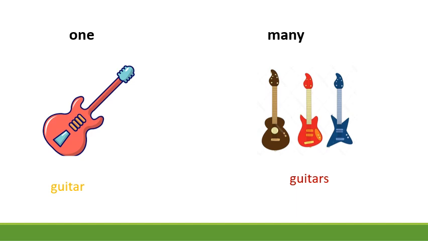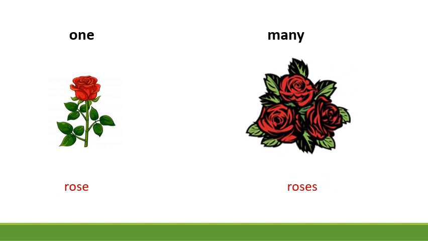We'll see the next. What are you seeing in this picture? Correct. It's a rose. Here we are seeing a single rose. Only one rose. So that is the one. Next to that we are seeing many roses, which means more than one. So that is called many roses.